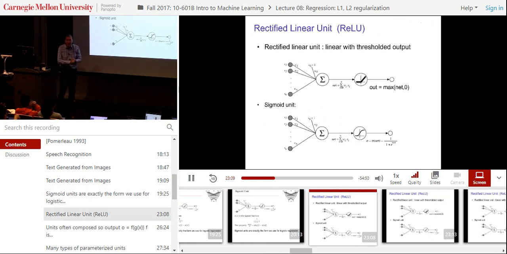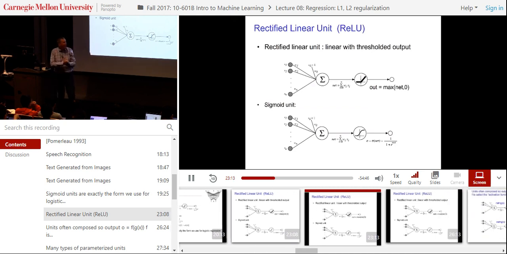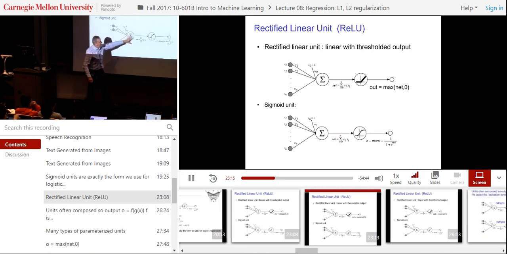Okay, but these days there are many kinds of units that deep networks are built out of. One of them is the sigmoid function. But another very popular kind of unit that people put in networks is called a rectified linear unit. It looks a lot like the sigmoid unit.